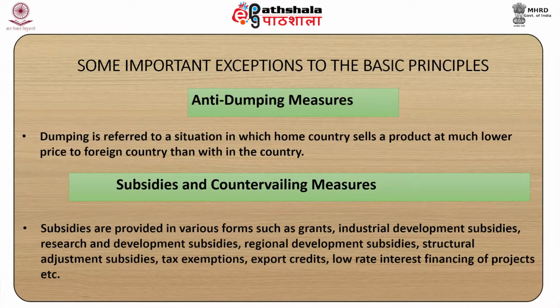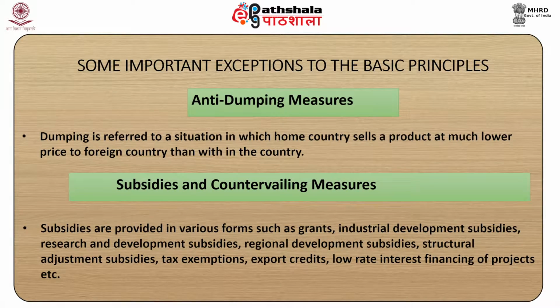However, this measure should be used carefully to protect domestic industries, as some countries may use it arbitrarily. Uruguay round made some negotiations to ensure discipline and to control misuse of anti-dumping measures.